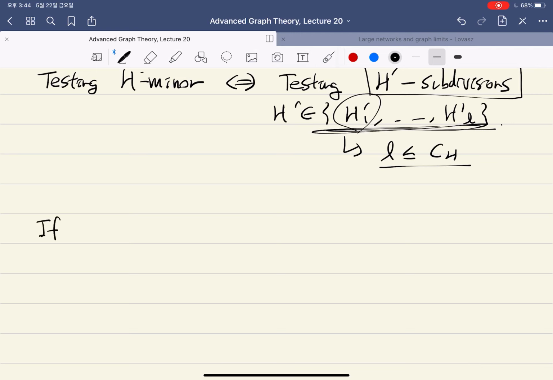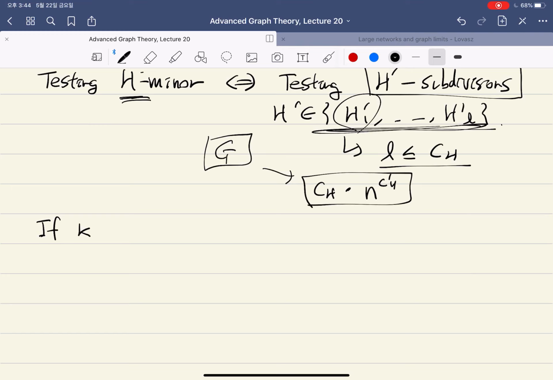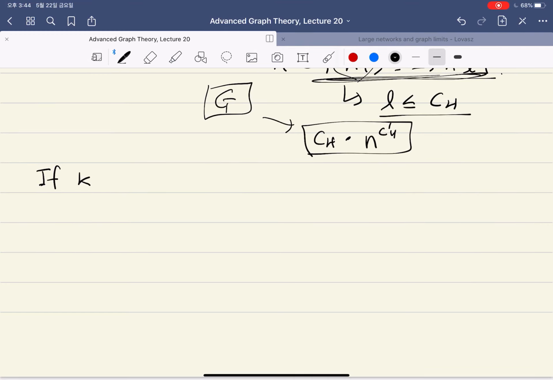But if H is not fixed, so this is fixing H, and then we let G be the input, then our algorithm gives us some constant depending on H times N to some other constant depending on H. This is the time required to check an H minor. But if H is also an input, then the problem is much more difficult.